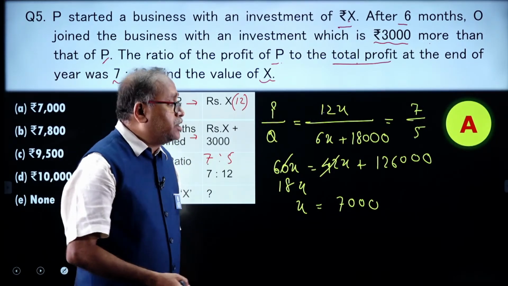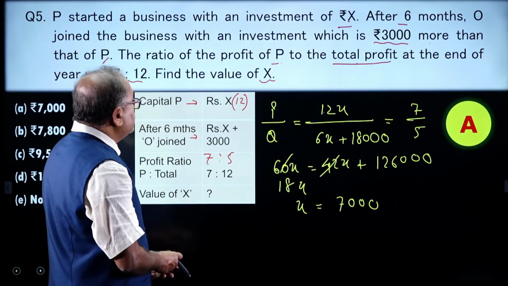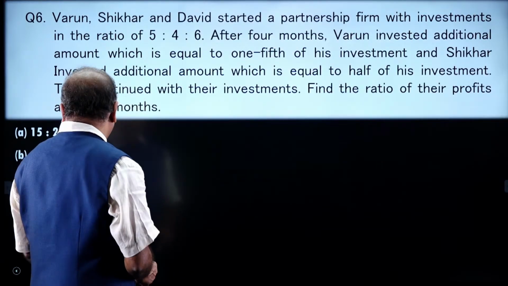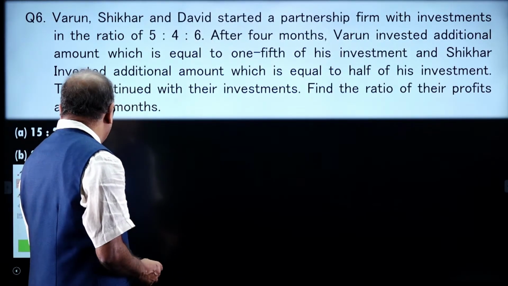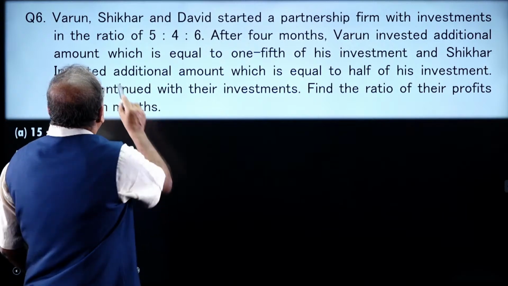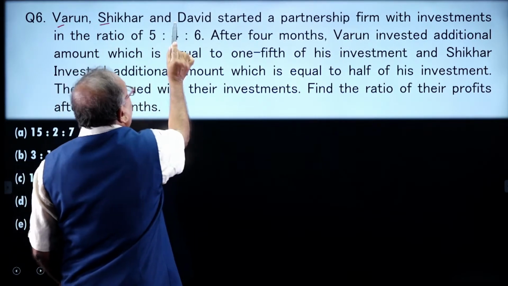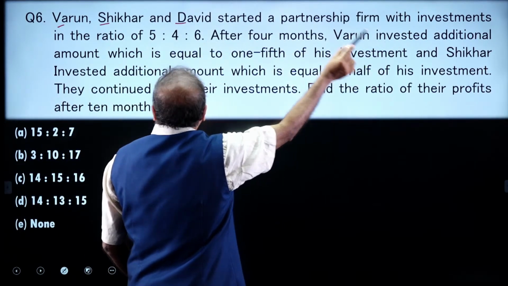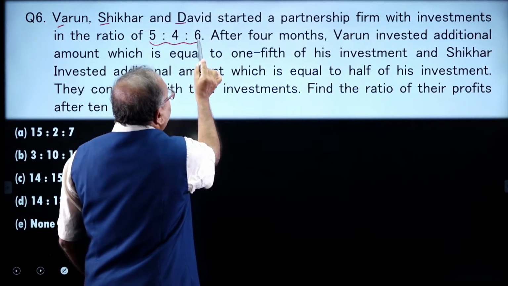I am moving on to the next question, and your next question is this. Look at this one, question number 6. V, S and D started a partnership firm, and the investment ratio we have.